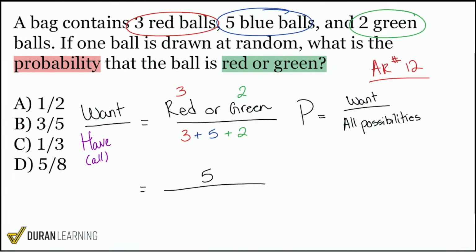If we add all of that up together, what are all of the possible outcomes? What are all of the possible balls that I can select from at random? Yeah, that's going to be 10 because we have 3 plus 5 plus 2. Well, 3 plus 5 is 8, plus the 2 is 10. So our probability boils down to 5 over 10. The problem, my party people, is that, well, do I see 5 out of 10 listed here?